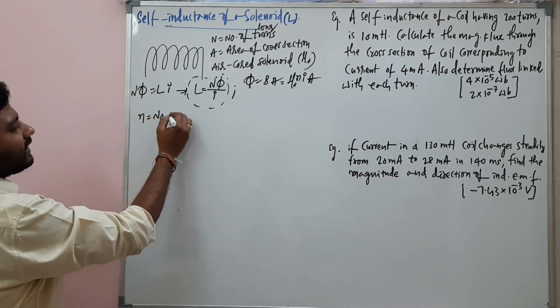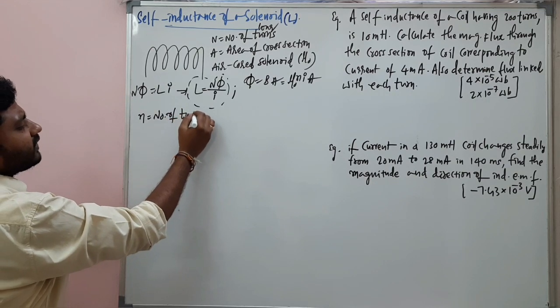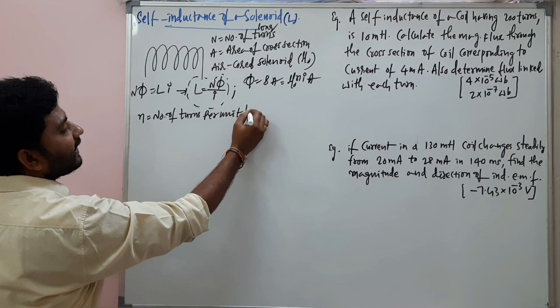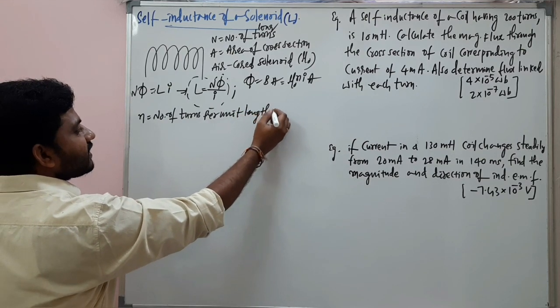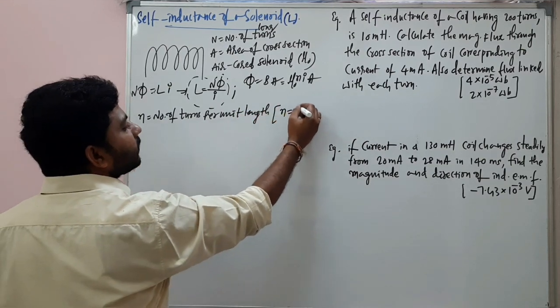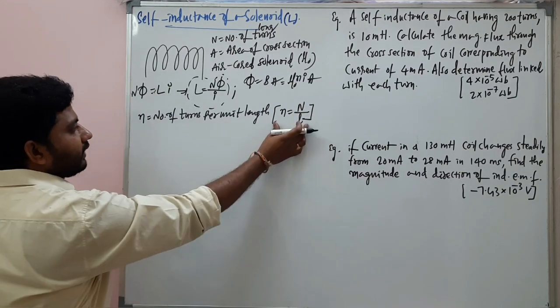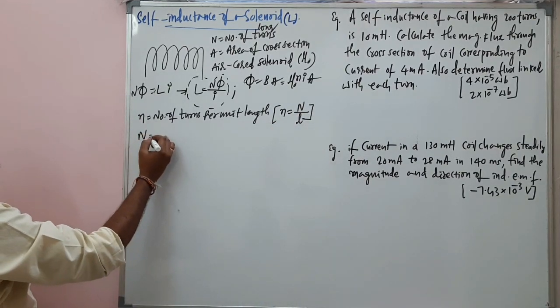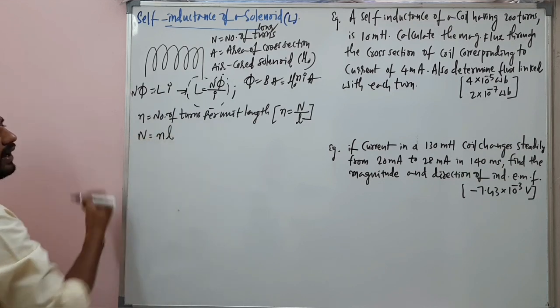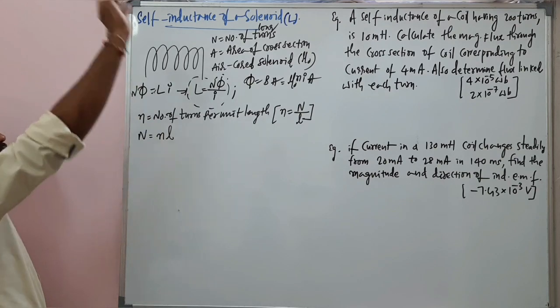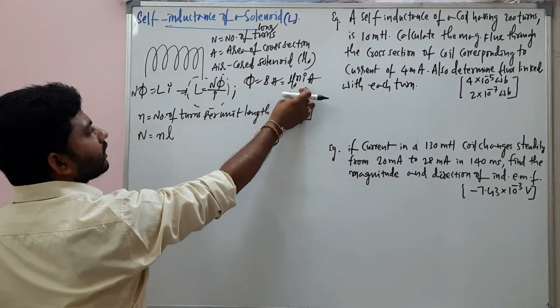This small n is the number of turns per unit length. So small n is equal to capital N divided by L. So capital N is small n into L. Clear?